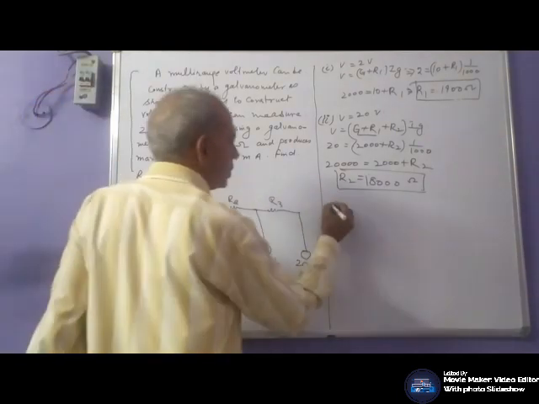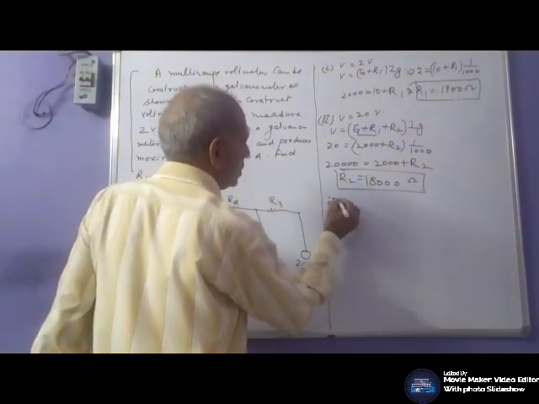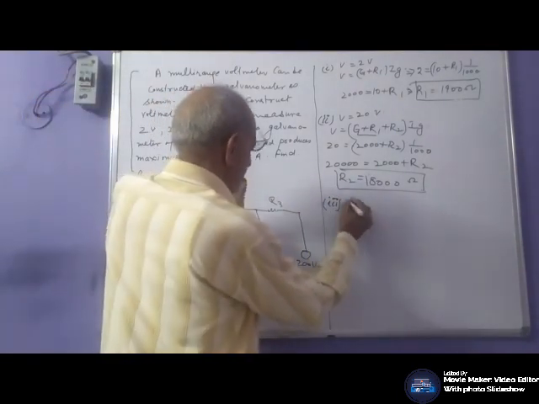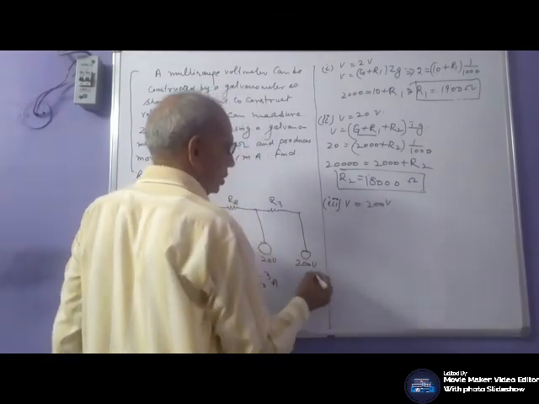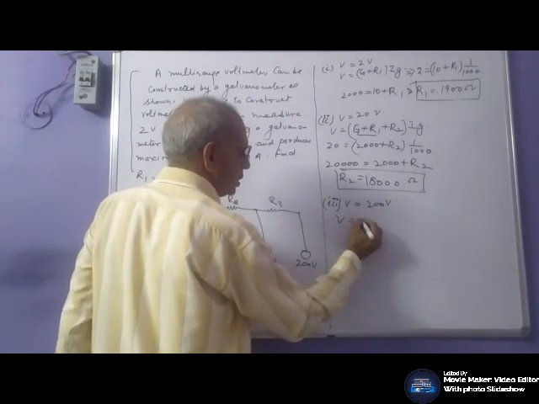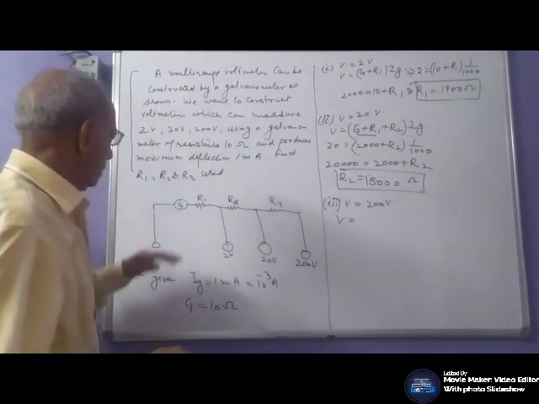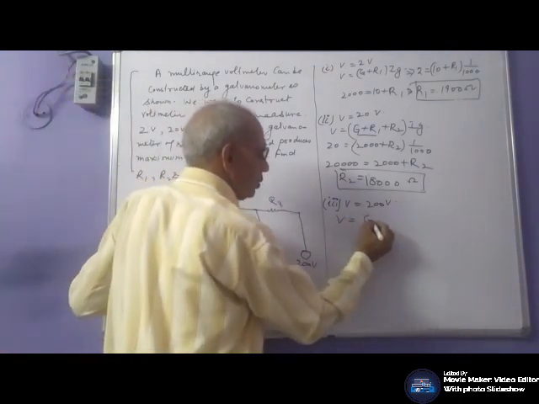Third case, V is 200 volt, V equals R I. G was the galvanometer.